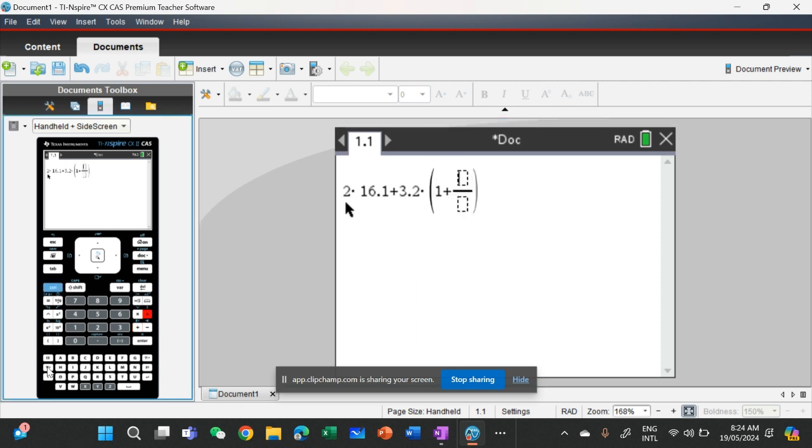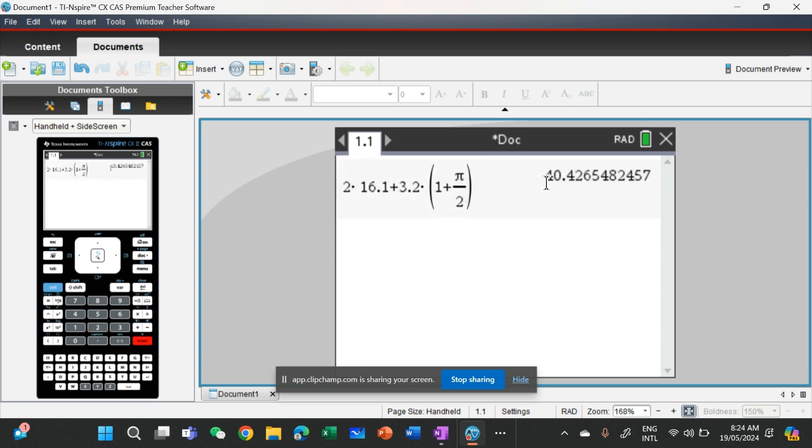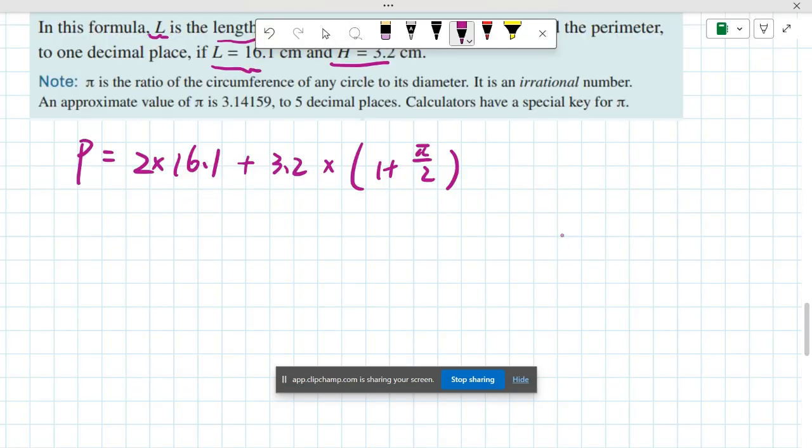It is in the second last row at the bottom. Then we divide by 2. Here is your answer, but they only allow one decimal place, so 40.42 is approximately 40.4. And what's the unit? Centimeters, because it's a perimeter.